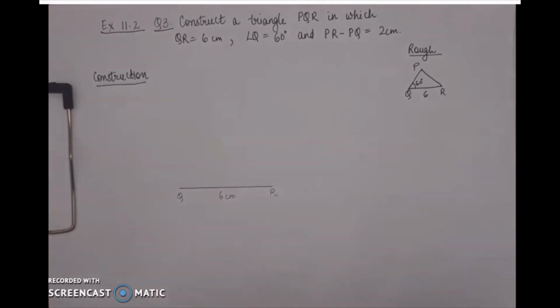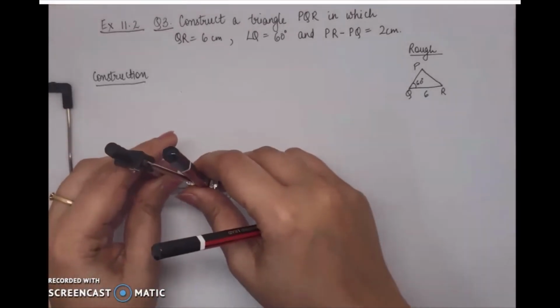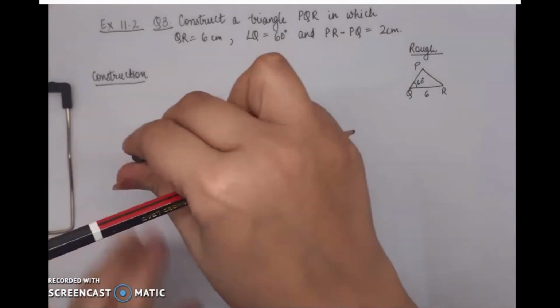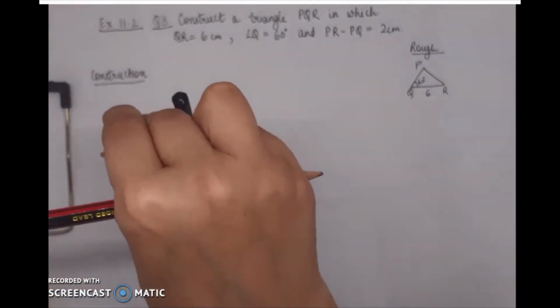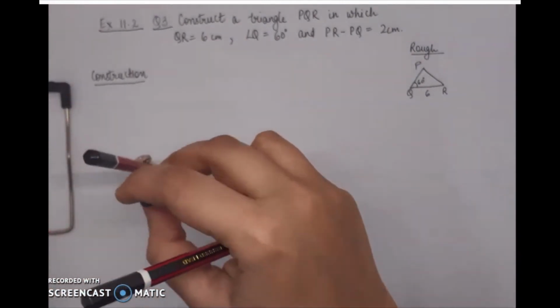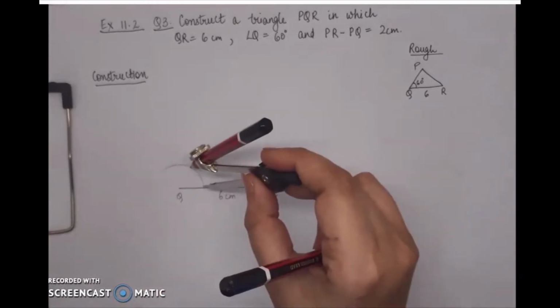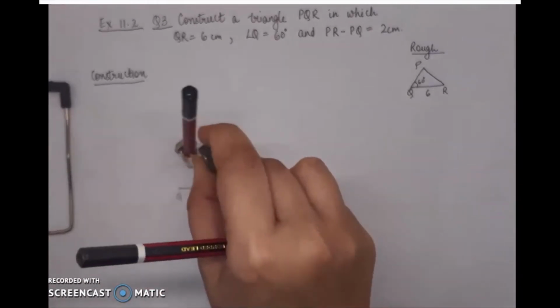Then angle Q is given 60 degree. So you will construct angle Q as 60 degree. 60 degree construction also you have done in the first exercise.